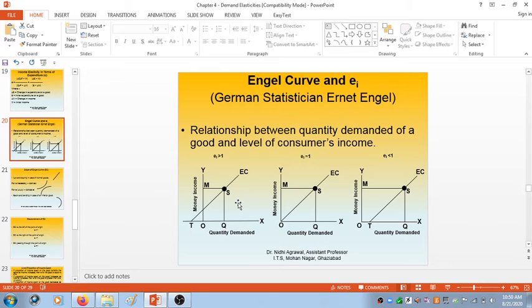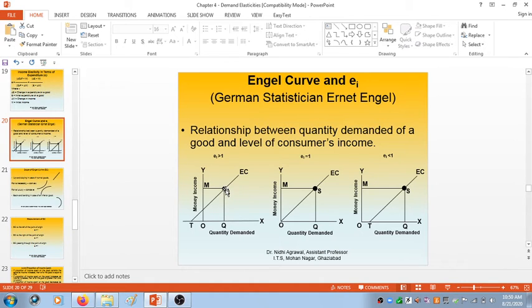Now the question is, what will be the value of change in money and change in quantity? So what will be delta Q? This is the slope of the line, as we have already understood the slope concept.